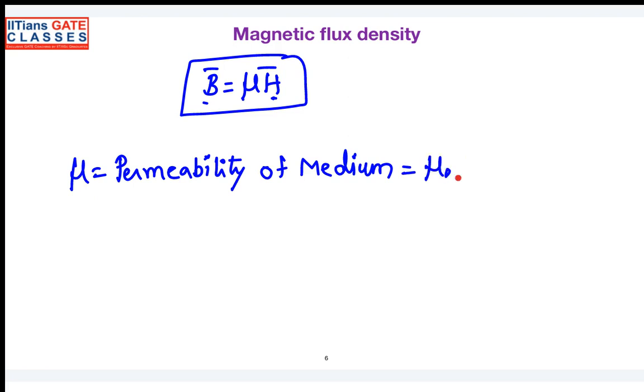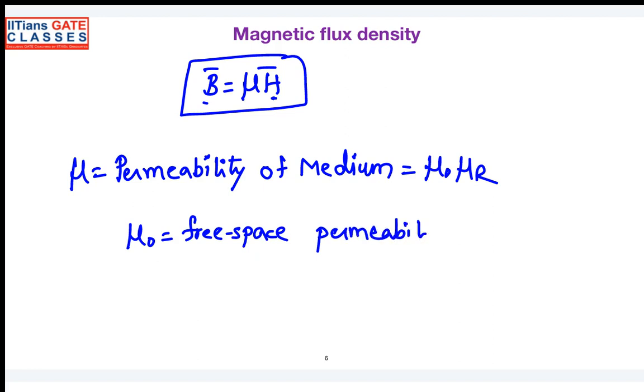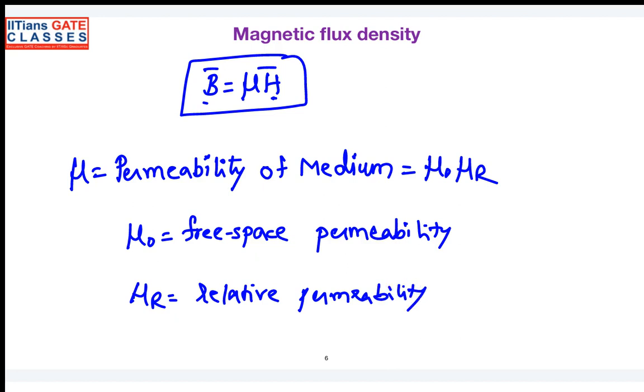So mu is related as mu naught times mu r, where mu naught is the free space permeability and mu r is the relative permeability. The free space permeability value is 4 pi times 10 to the power minus 7.